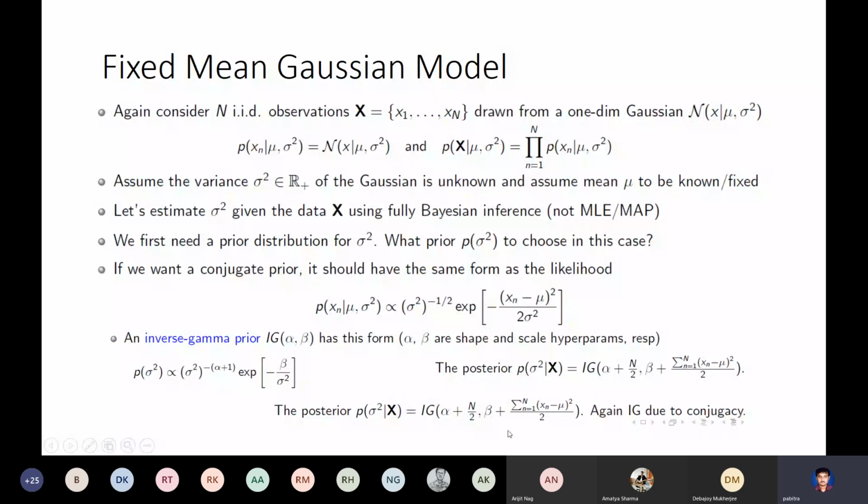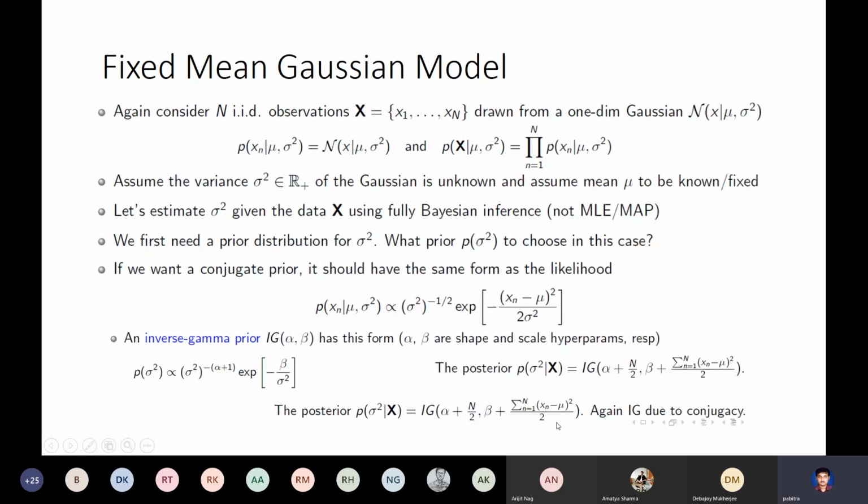If you multiply, again I'm not doing the algebra, you will see the posterior also becomes an inverse gamma, with some parameters, alpha plus n by 2. I'm intentionally skipping this quickly because I have to cover more material, but all of you should carefully go through the slides, and if possible, Kevin Murphy or the Barber book where these derivations are done.